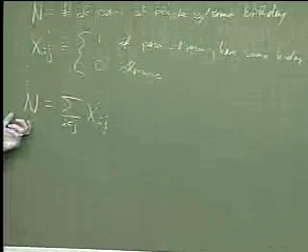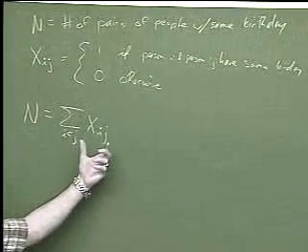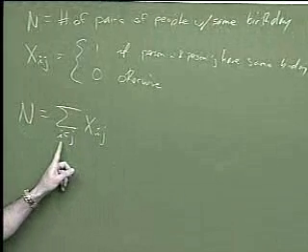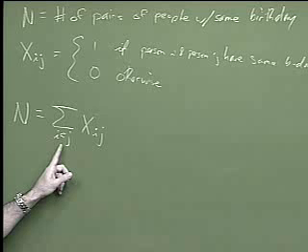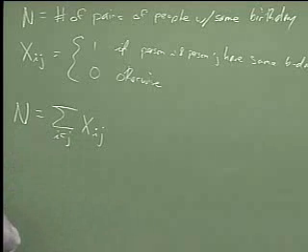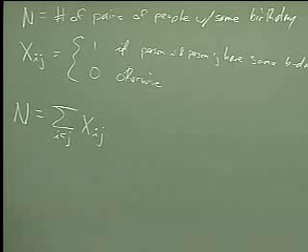The number of pairs is just going to be the sum of these x_ij's, covering all i, j where i is less than j. I'm basically iterating and counting all the pairs.